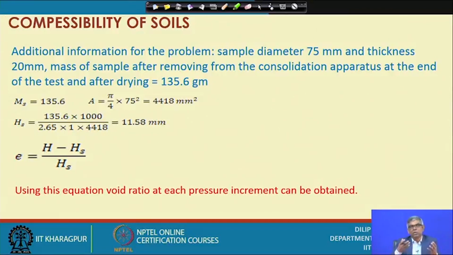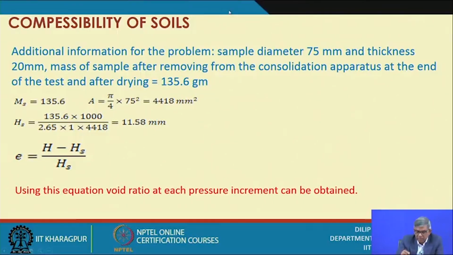If I use the void ratio versus pressure curve, or the thickness versus pressure curve, then this information was not needed. Now, if I want to use this method, we require this information. Suppose this information is available, suppose it is like this.